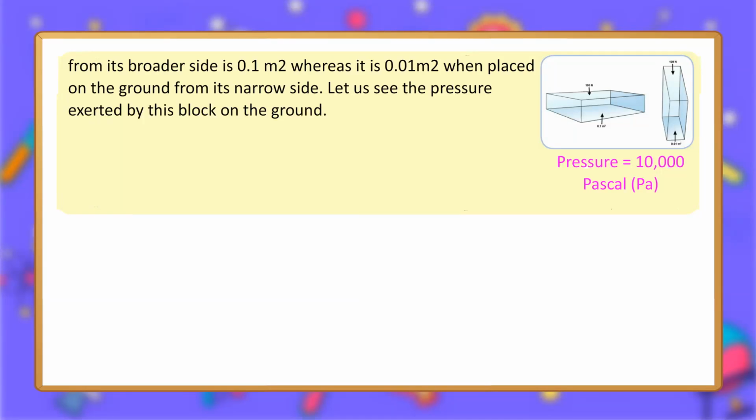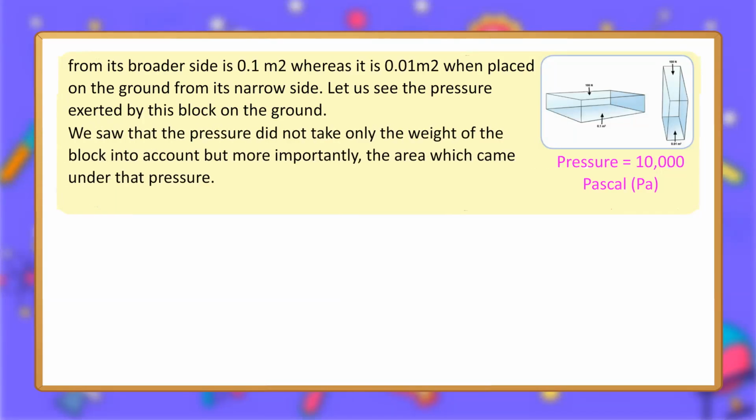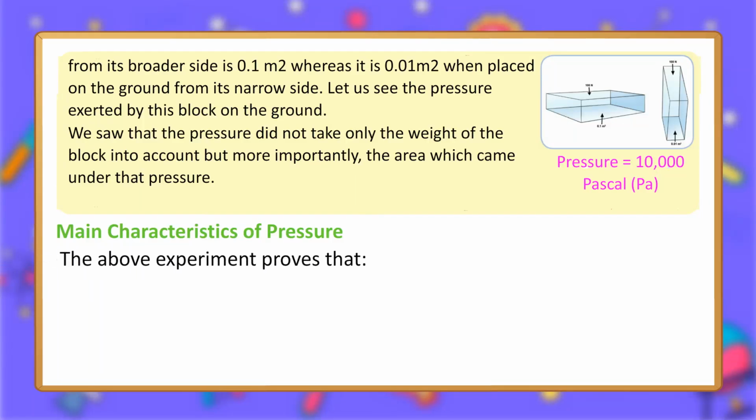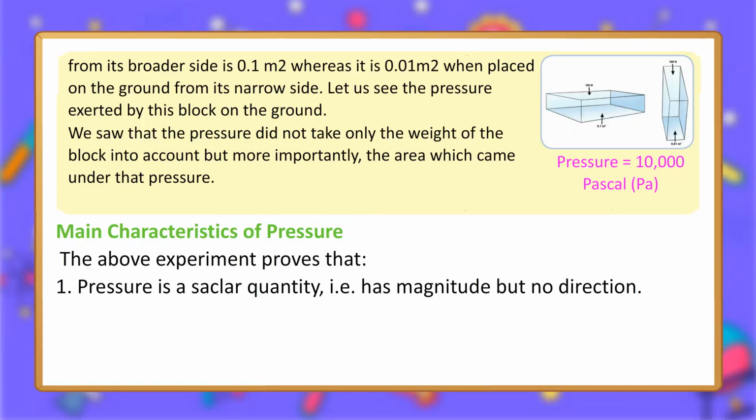Side of the cube, a, equals 2 cm equals 2 upon 100, equals 0.02 meters. Area of the lower surface of the cube, A, equals a² equals 0.02 multiplied by 0.02 equals 4 multiplied by 10⁻⁴ m².